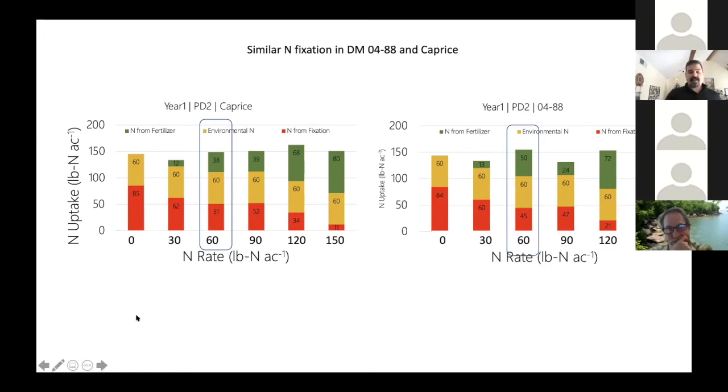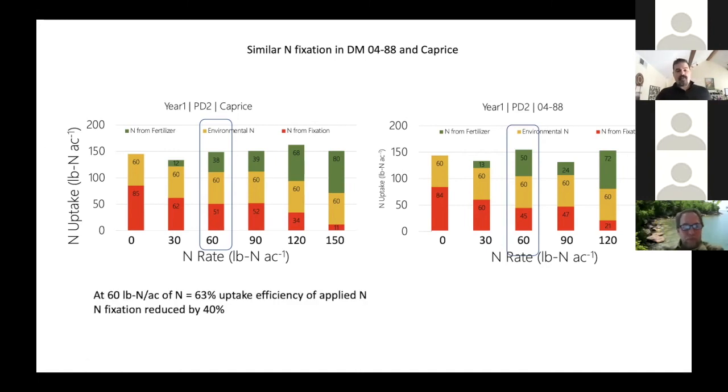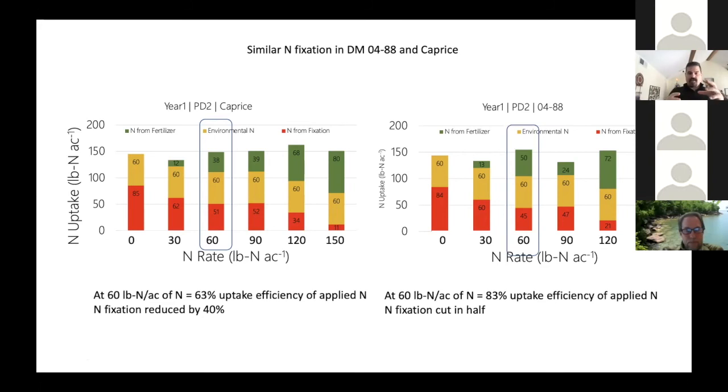And in this case, we demonstrated that it did. So in this first year, it reduced it by 40%. The second, or this other variety, it cut the nitrogen fixation in half. And so that's actually important because we are seeing some slight yield gains, but we actually want the N fixation to be suppressed to achieve water quality goals because we want that nitrogen that we're applying to get taken up.